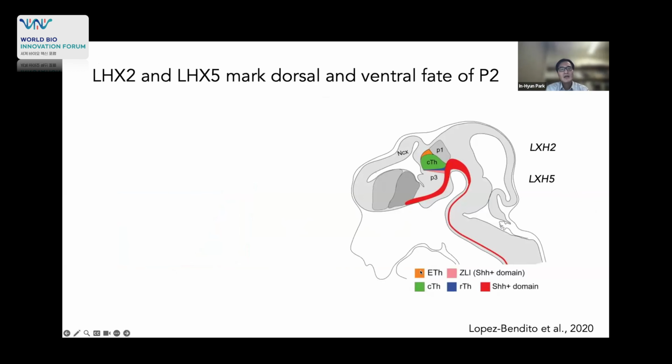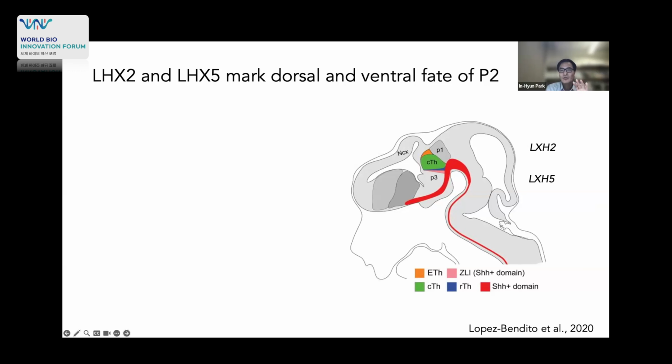Then how can we identify the dorsal and ventral fate of the thalamus? Previously, developmental biologists already defined genes that mark the dorsal and ventral fate of the thalamus. For example, LHX2 is expressed highly in the dorsal thalamic area, and LHX5 is expressed in the ventral thalamus.